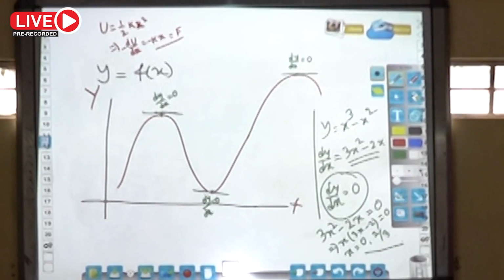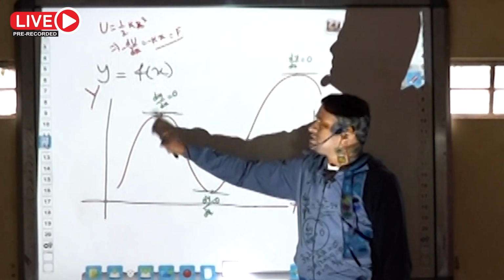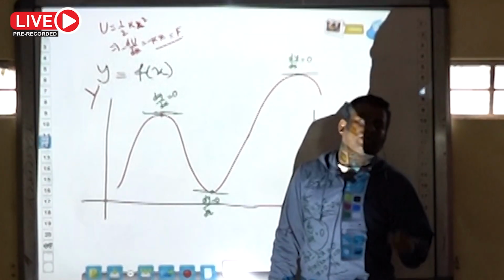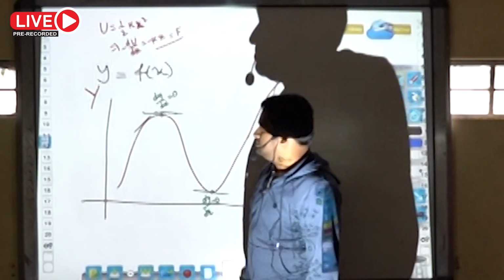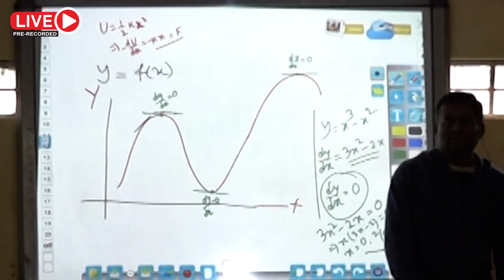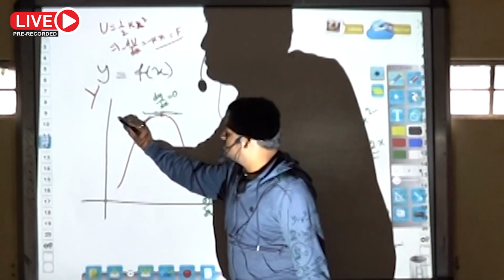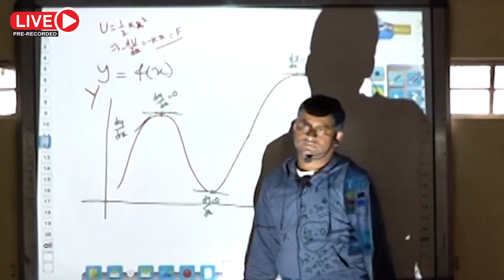Why? See, this is a stationary point. So just before reaching this stationary point, I want to draw a tangent. Now tell me, if I calculate dy dx at this point, is it positive or negative?